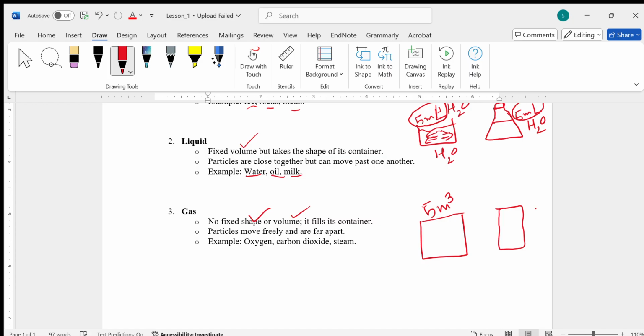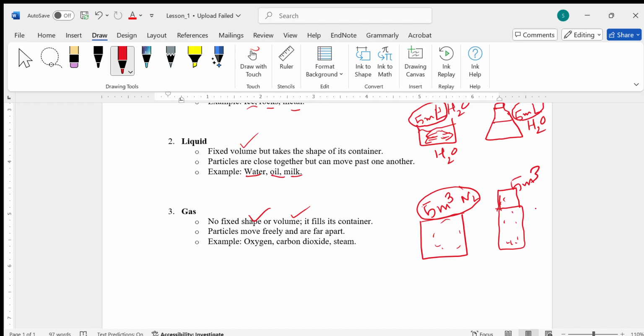Suppose another one which would be a bigger one, for example a cylinder much bigger than this one. So this 5 meter cube of gas, for example nitrogen gas, will take the entire space filled with this, and again here in this one.